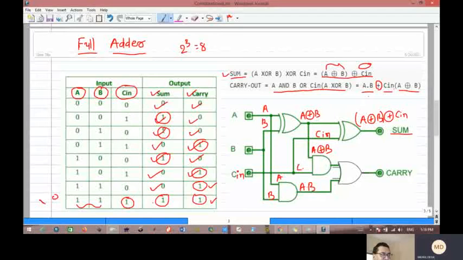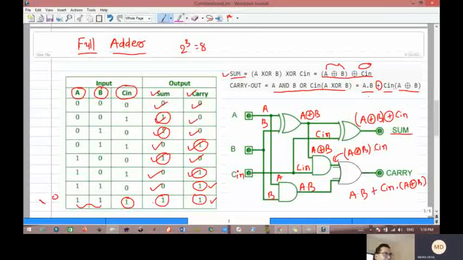So this one is Cin. And finally ORing operation. So here we get A and B OR Cin ANDing with A XOR B. So this is the carry operation. So this is finally the combinational circuit.